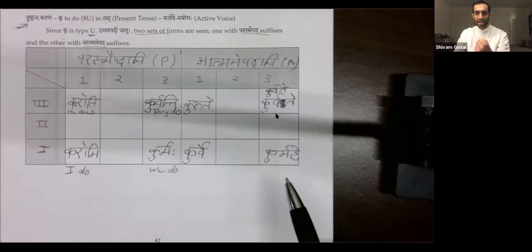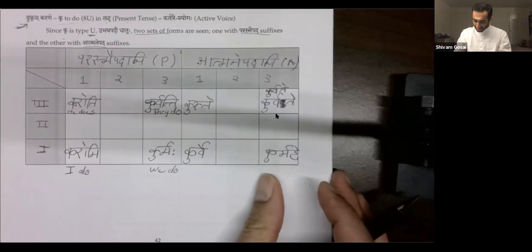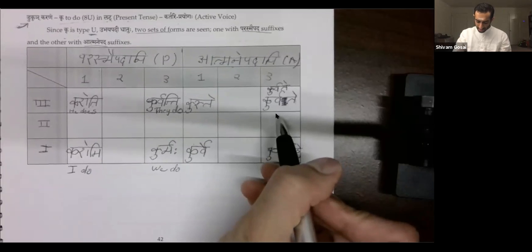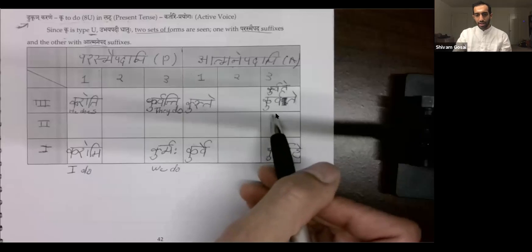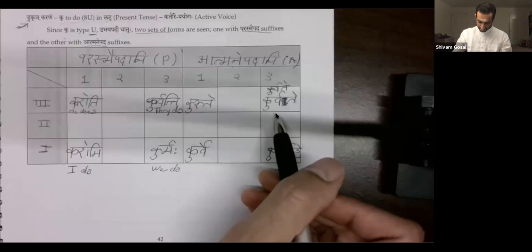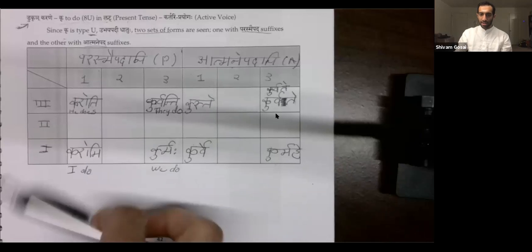You have to say it very loudly, like you're a learned person of Sanskrit. Someone asked, is it kurvante? No, there's no nakara in it, so it's a little bit different. It's kurvate. It's not incorrect.